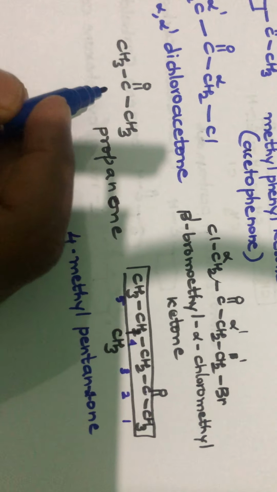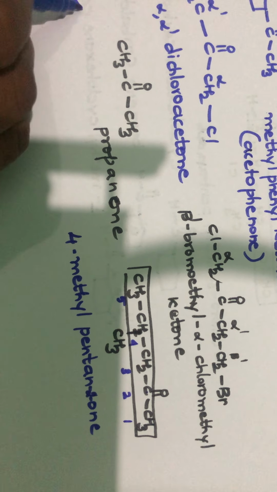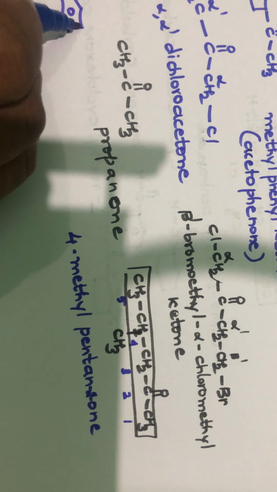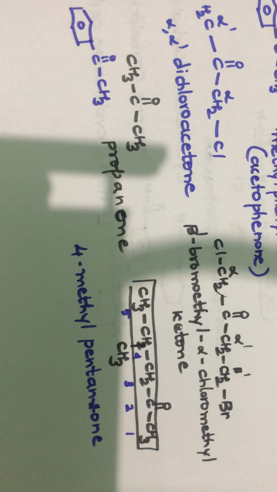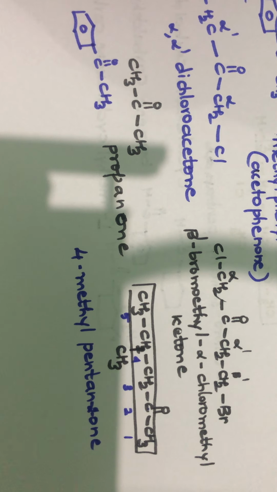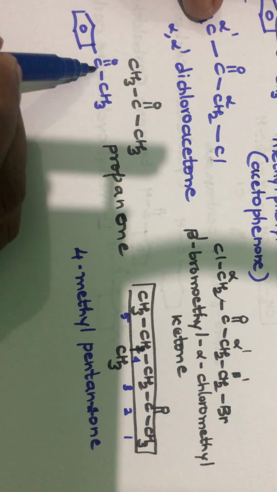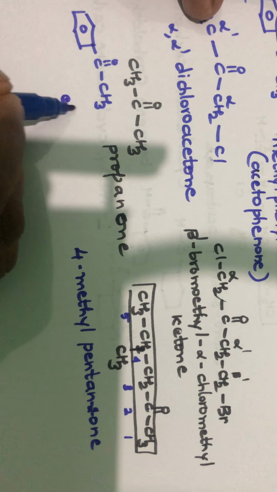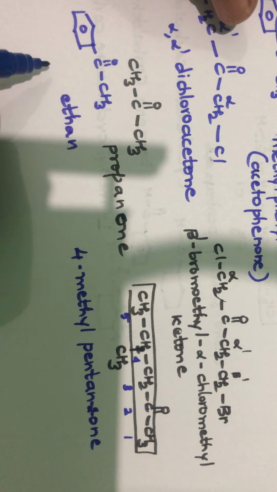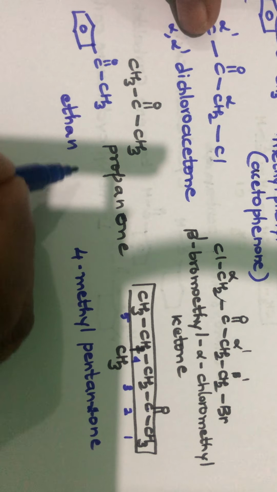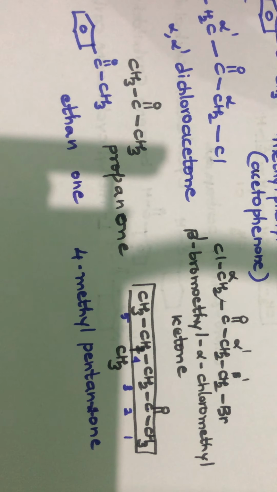So if there is an aromatic one, okay, this is acetophenone, or in the common system of naming, methyl phenyl ketone. In IUPAC, there are two carbon atoms. Eth, carbon-carbon single bond, ethane, there is a ketone, ethanone.